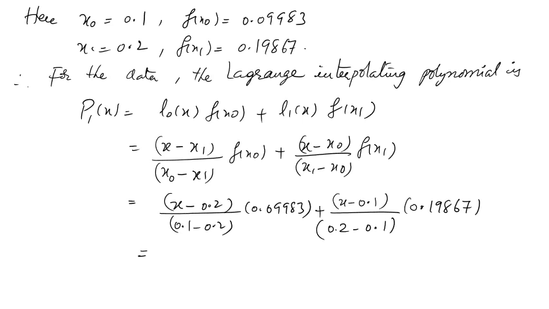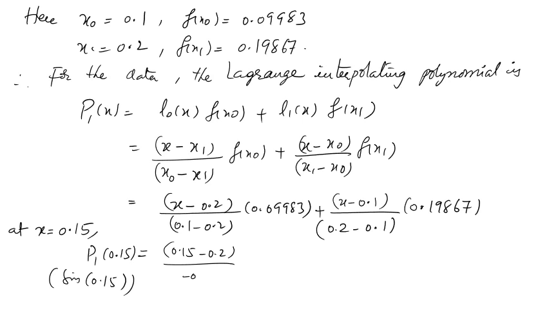So one can write directly, without finding the polynomial, the required value is P1(0.15), which is equivalent to sin 0.15, equal to (0.15 minus 0.2) by negative 0.1 into 0.09983 plus (0.15 minus 0.1) by 0.1 into 0.19867.